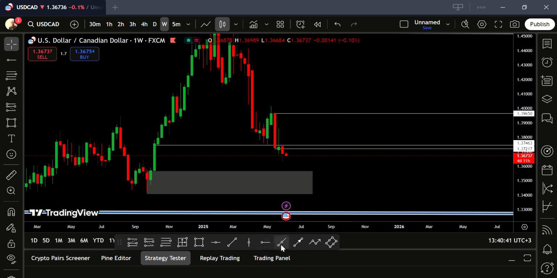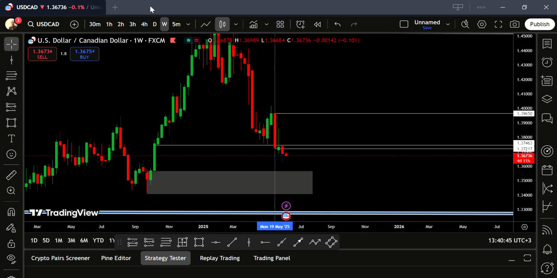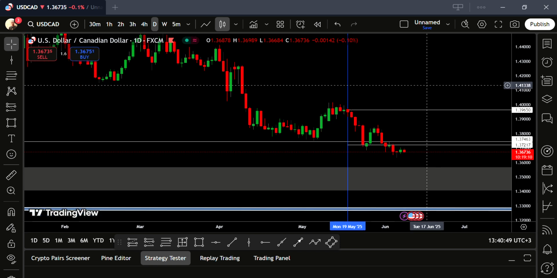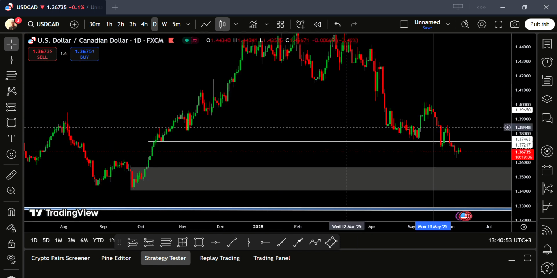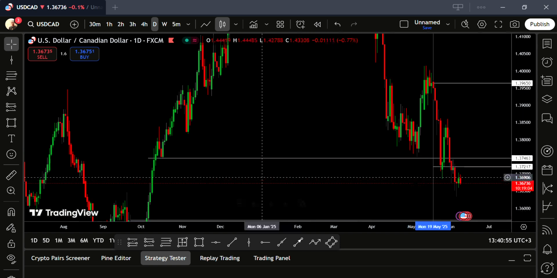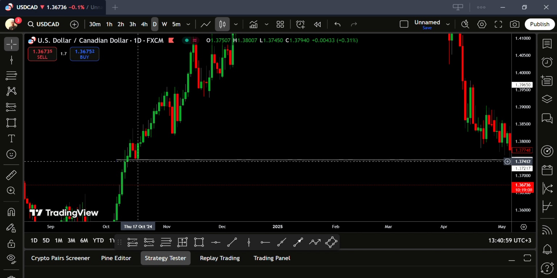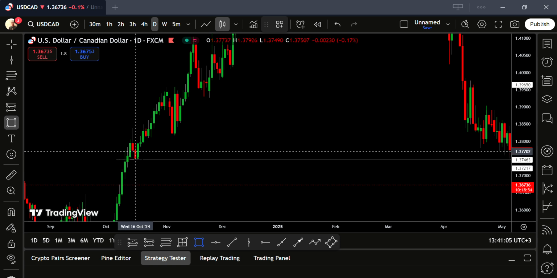I also just put a blue line, such that we can see it on the daily when we go there. So what do you see? This was the demand. You see how it is clear on the daily, guys? This was the demand zone, this huge push away, engulfing these 2 candles, creating a demand zone.